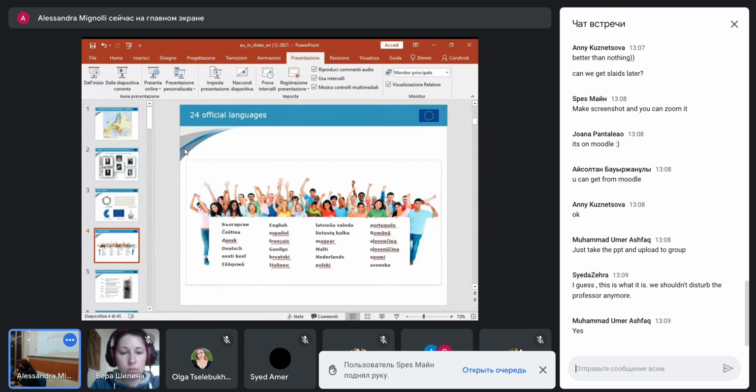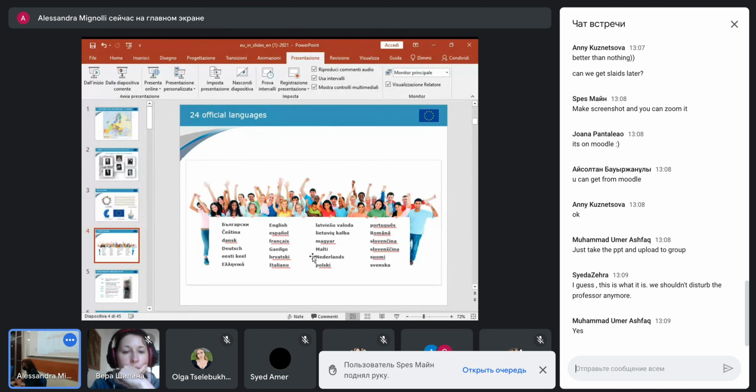And as you can imagine, the problem of English arose after the Brexit, because all the other states that are English-speaking countries also have their own official language, like the Irish have Gaelic, and the Maltese have Maltese, and they are the only states that have English as a first language, as an official language. But in the end, it was maintained.